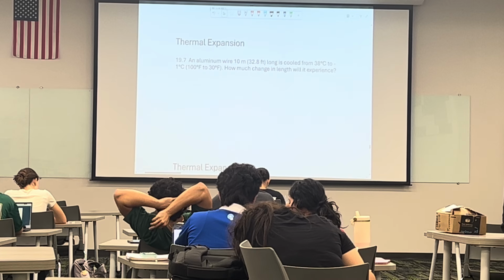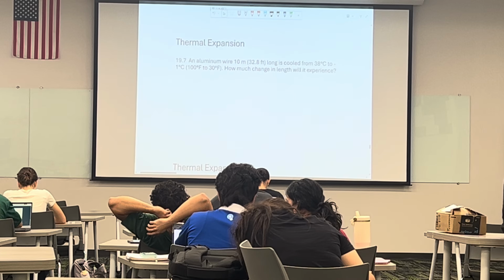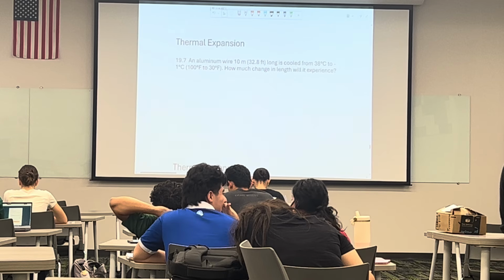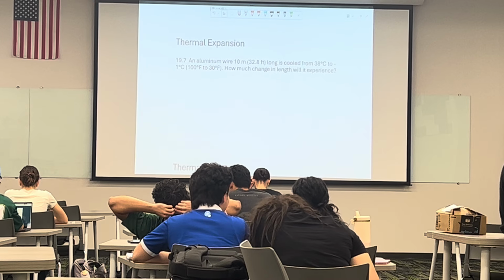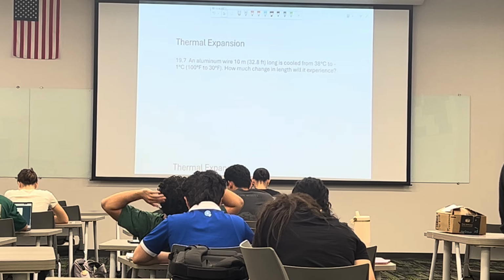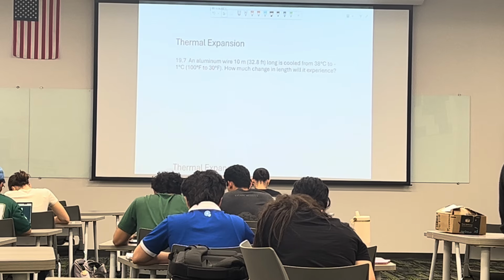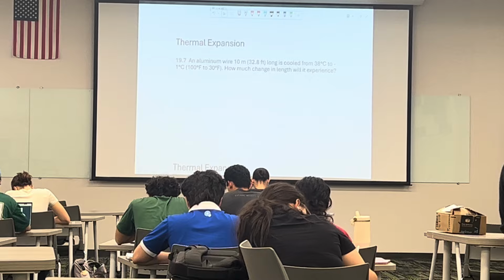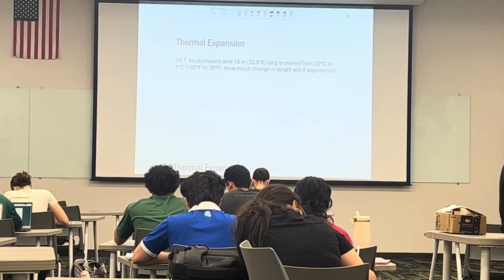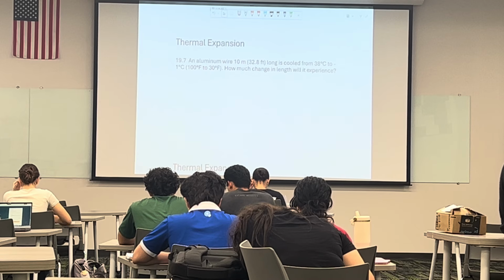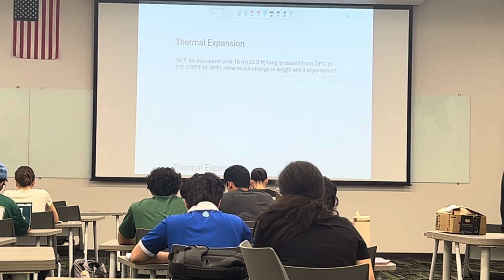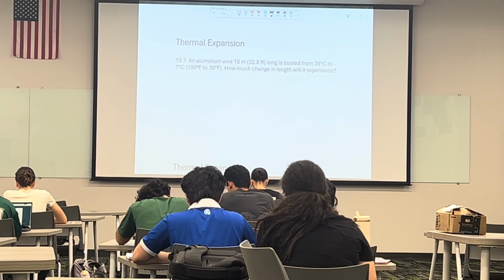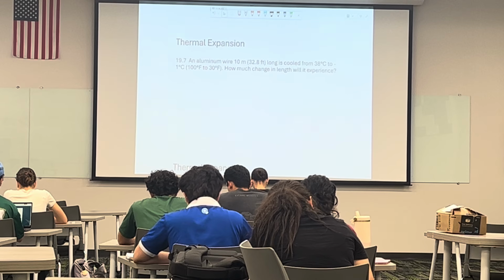Okay. So for 19.7, the question is stating that there's an aluminum wire that's 10 meters long and it's cooled from 38 degrees Celsius to 1 degree Celsius, and they want to know how much change in length it will experience from that cooling.